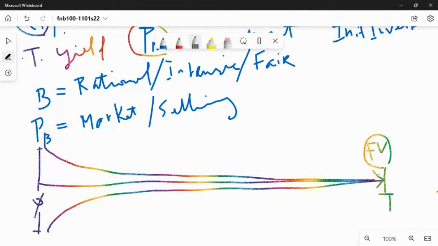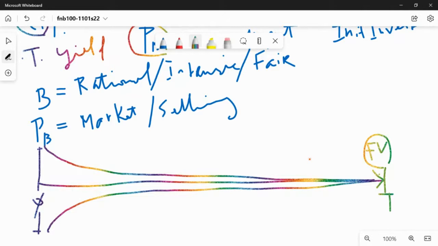So think about it. I know at least a couple of people are paying attention. I don't know about the other people. So this is the pattern of the cash flow. I mean, capital gains or capital loss. The other cash flow is the coupon payment. But as far as the price is concerned, this is the price you paid.